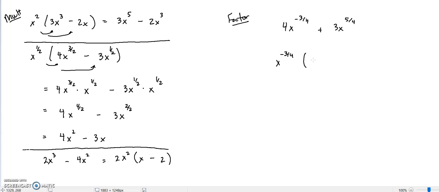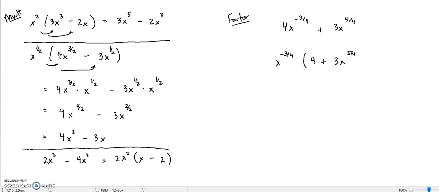All right, so when I take that out to the front, this was x to the negative 3/4. I took it out to the front. There's no x left, just like we saw here with taking the x squared out to the front. So we don't have to worry about any operations there. We took it out to the front, it's gone. All right, here though, 3x to the 5/4. I took a negative 3/4 out to the front.